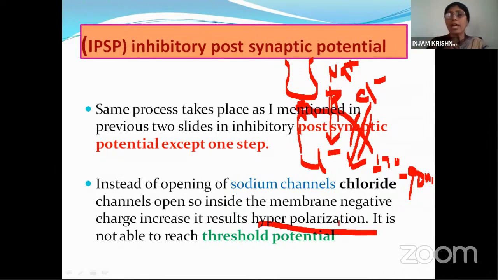At the point of hyperpolarization, there is no generation of action potential. So this event has inhibited the production of action potential. That is called inhibitory post-synaptic potential. Are you with me? I think you are.